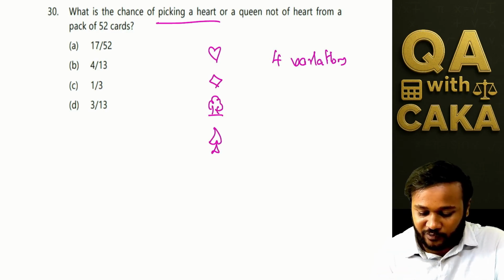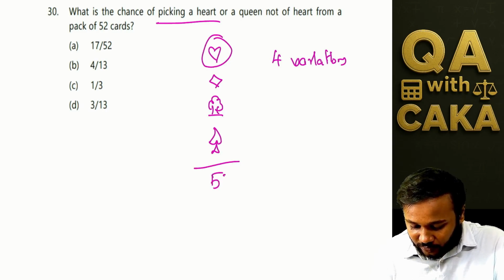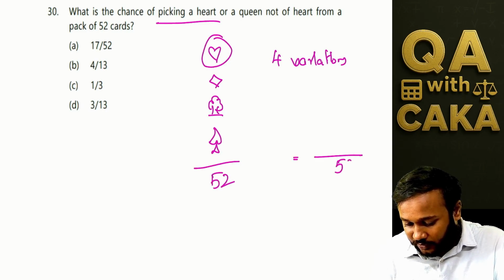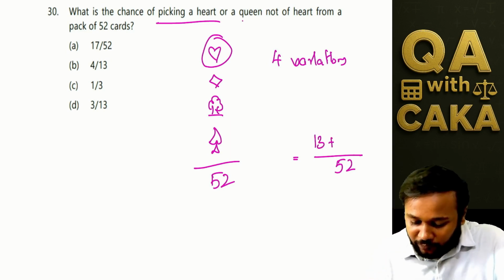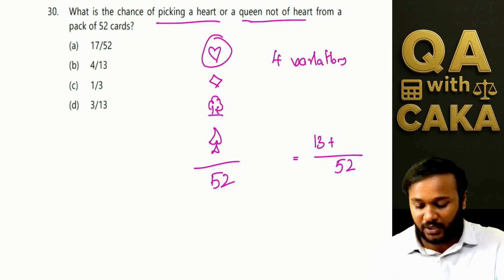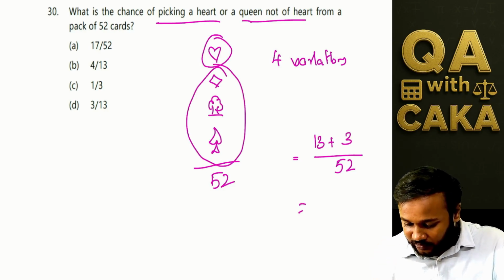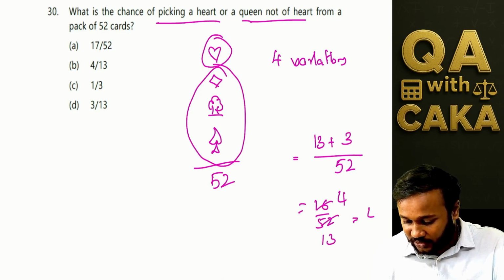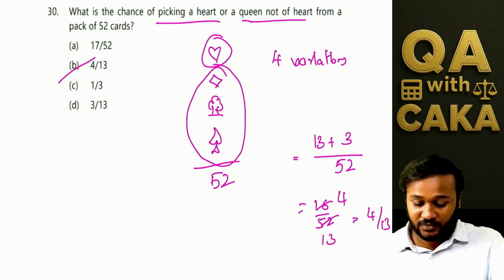What is the chance of picking a heart? Overall it will be 52 cards. The chance of picking a heart is 13 out of 52. Then a queen, not of heart: the queen of heart I have already picked, so it will be 3. So it will be 16 by 52. 4 fours are 16, 4 thirteens are 52, so it is nothing but 4 by 13. So option B is the right answer.